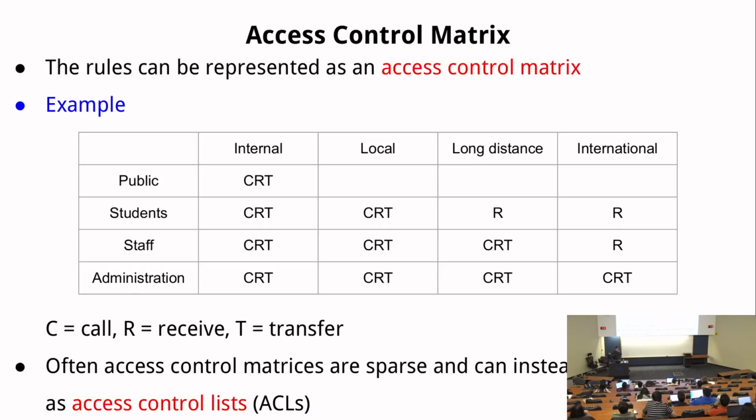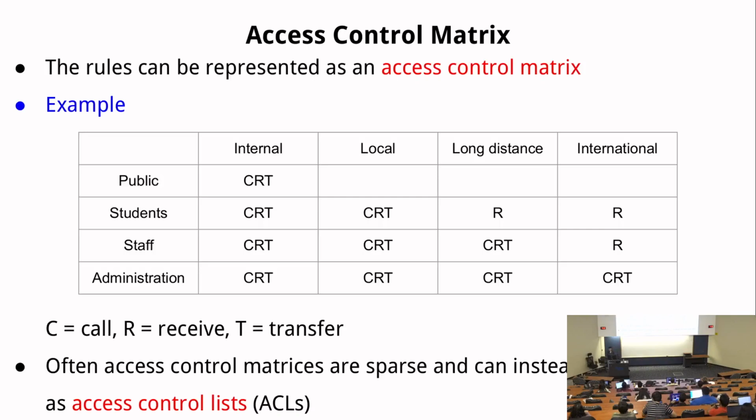Those could be objects. The subjects here are the public, anyone on campus, students, staff, and administration. Then for different users, we can have different rules. For example, the administration can make international phone calls, receive international phone calls, or have some other permissions.